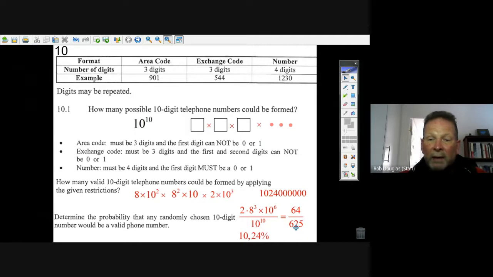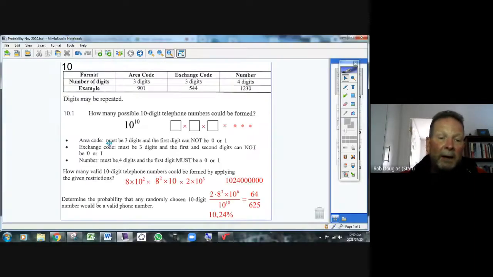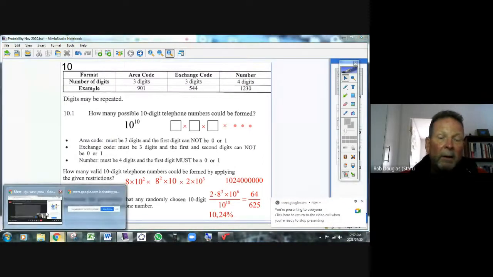And it turns out that that fraction is 10.24%. 64 divided by 625, your chance of having a valid number if you pick them randomly out of all the possible numbers, would be 10.24%. Well, that's question 10, all done.